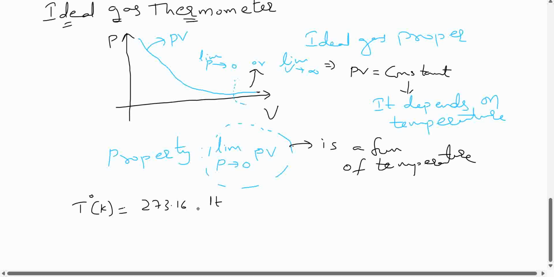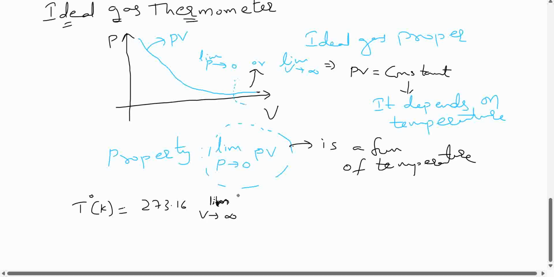This is the triple point of water where limit V tends to infinity. I usually write LT for limit, but you can write LIM, which is mostly used.